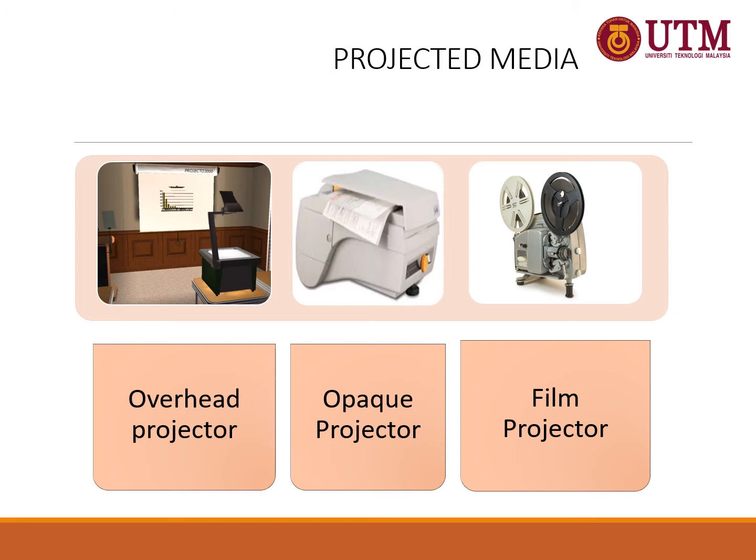Almost nobody uses it, but it used to be a very huge device, and it needs a table or a trolley to move it around, and we actually need to turn off the light in the room so that we can see. And then we have the opaque projector, which is actually a system of mirrors.